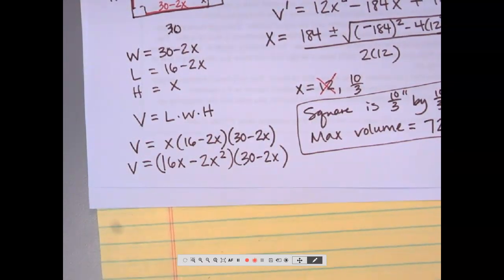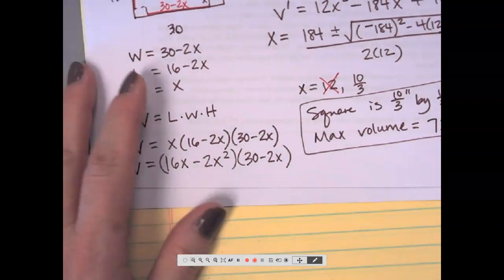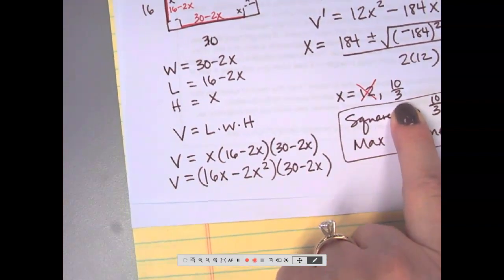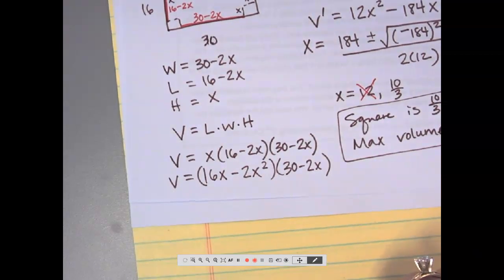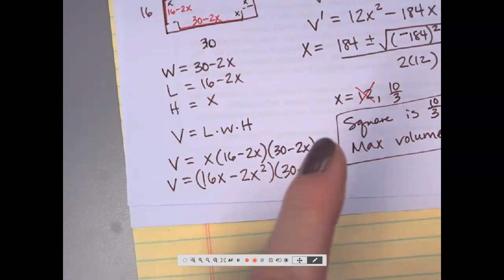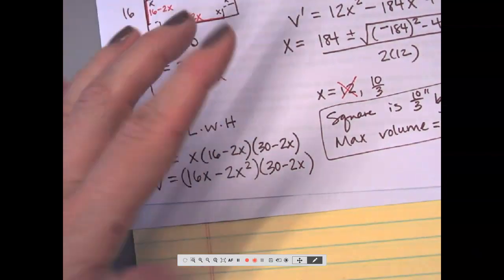Is there another one that you put in the equation and still work? It's just on the maximum. In this case, I could cut any amount other than that and get another volume. It just wouldn't be as big as this. If you're skeptical, try 3.